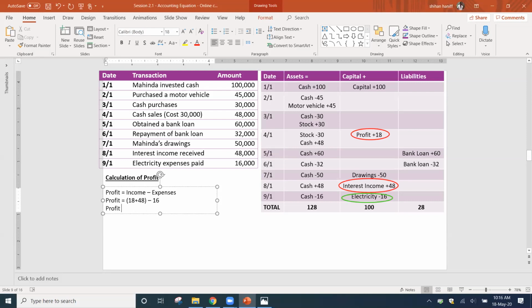So profit equals 50. So if you put 32, 32 is wrong.